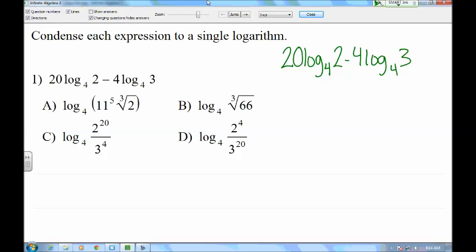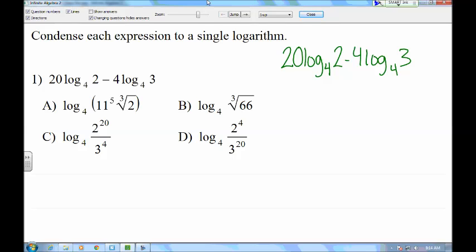The directions say condense each expression to a single logarithm. Guys, I promise you, the problems on the test were just regenerated, which means it creates new numbers. So every problem we go over in the review has a similar problem on the test. If you have questions, make sure you ask them to get them clarified.